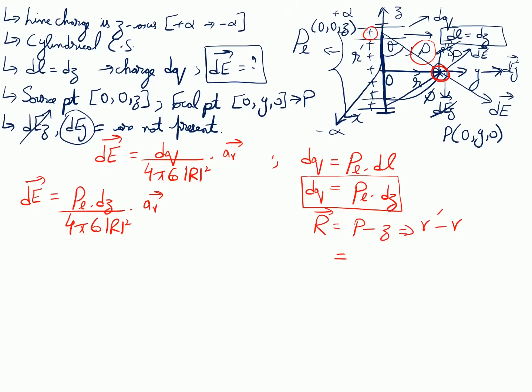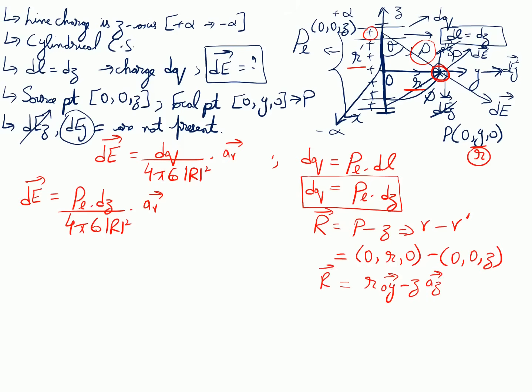We can write it as r minus r dash, because the unit vector is r and for the z-axis it is r dash. So it comes out to be 0, r, 0 minus 0, 0, z. Here the y is along the radial path r, that's why I have written r. So it comes out to be r along ay minus z along az.